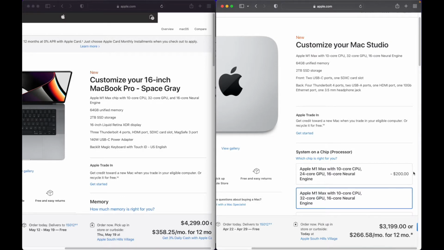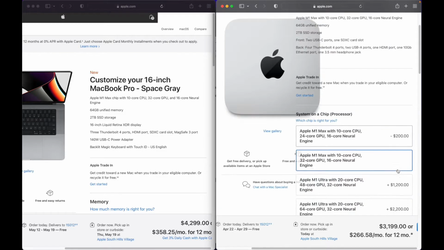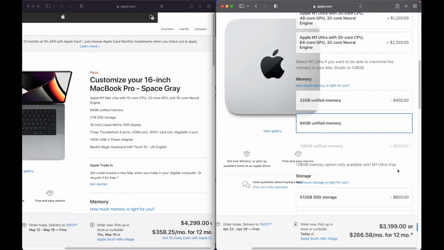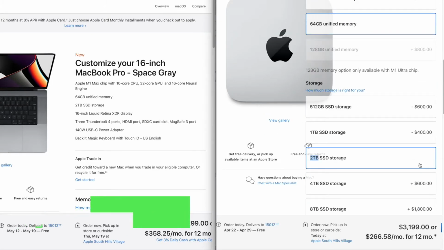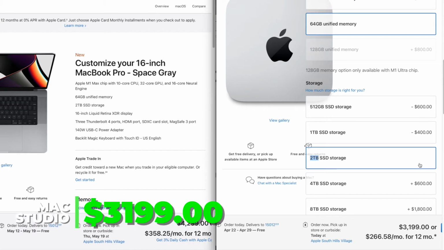When I work out the pricing, that's a next issue for me because I have it right here, side by side. My Mac Studio, based on the configuration that I chose, which is 10-core CPU, 32-core GPU, 64 gigabytes of unified memory, and 2 terabyte storage, is 3,199.